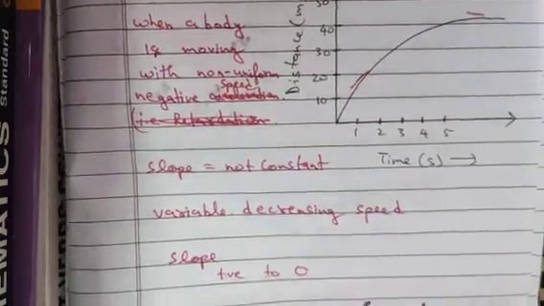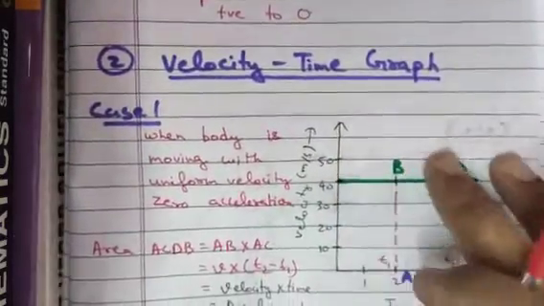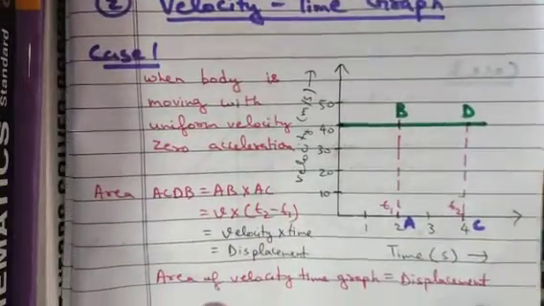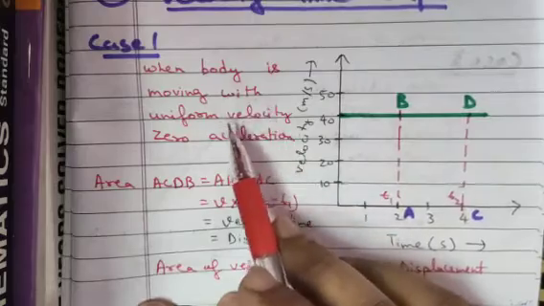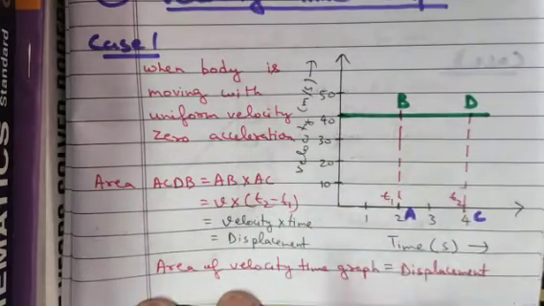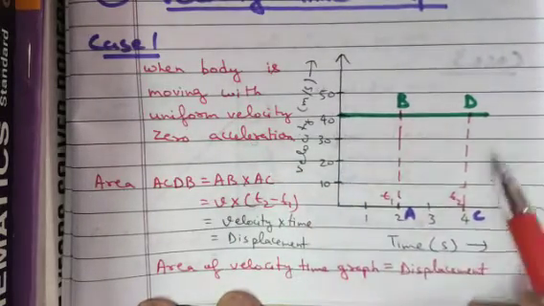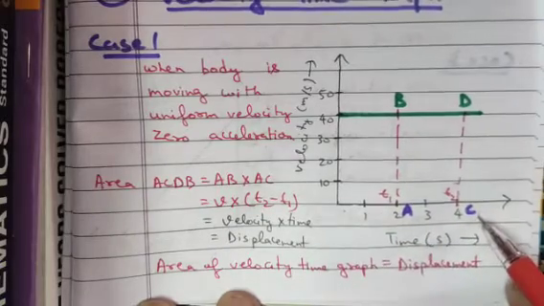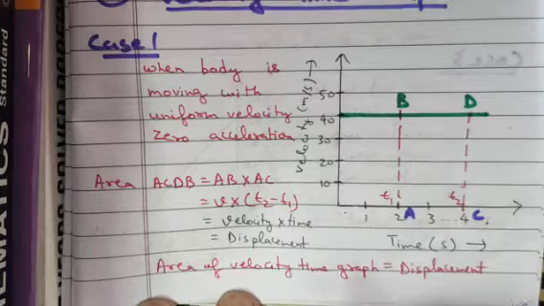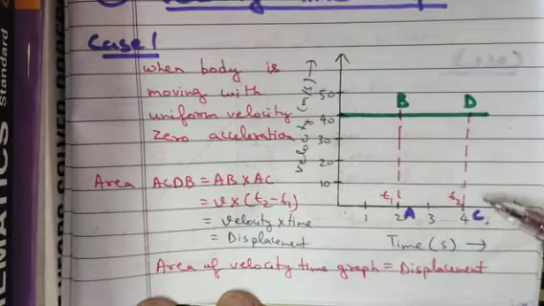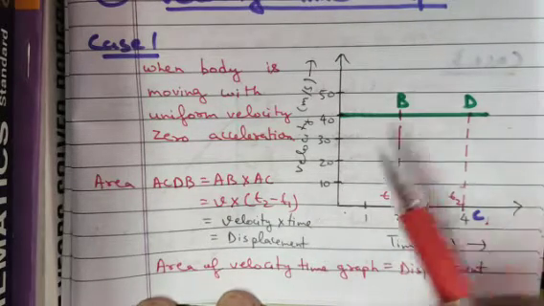Okay. Next type of graph is the velocity time graph. So in the velocity time graph, like in the distance time graph, case 1, when a body is moving with a uniform velocity, the graph will be a straight line parallel to the x-axis.